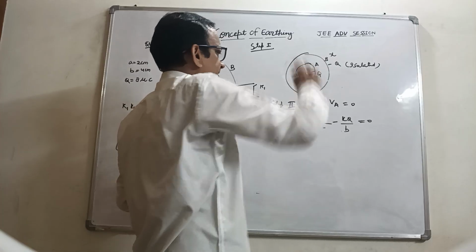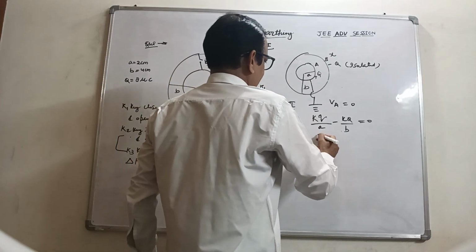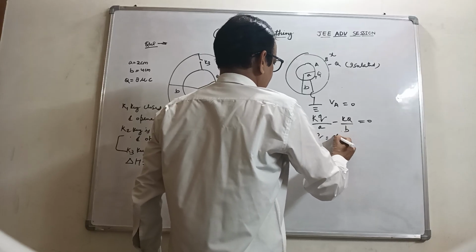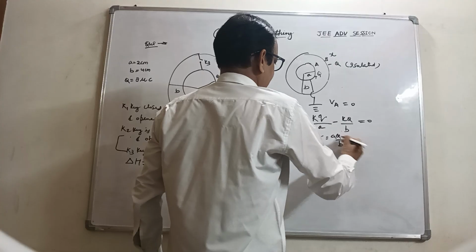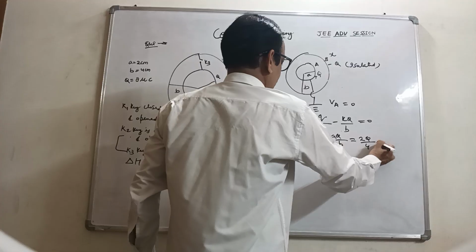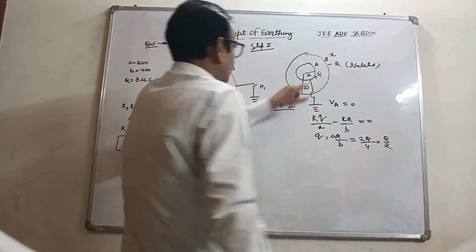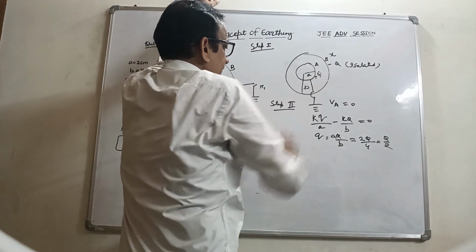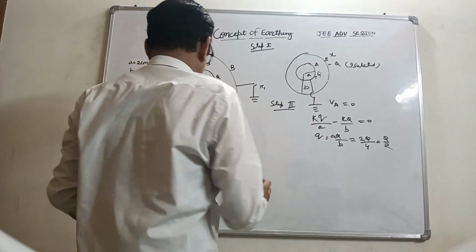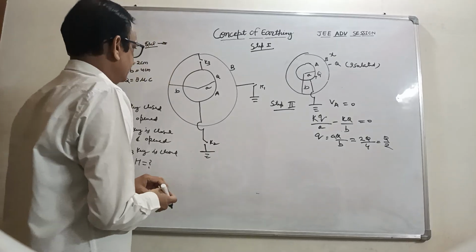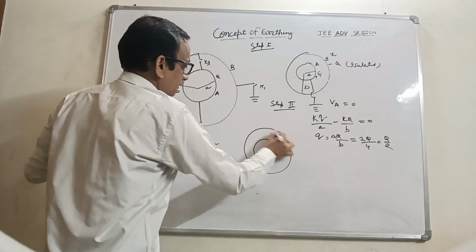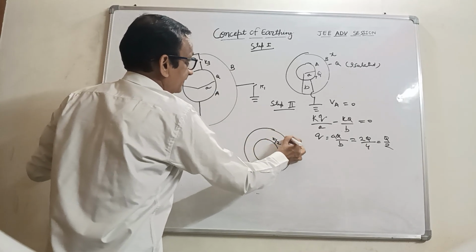So we calculate the value of Q'. This becomes Q A by B, where A is 2, Q is Q and B is 4. So this becomes Q by 2. So this charge becomes Q by 2 here, and this charge is minus Q.